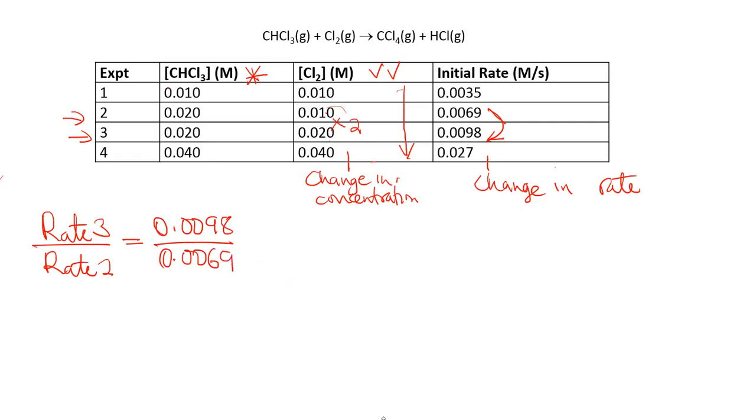So these are the two rates that we are dividing. But remember, we have rate is equal to K [CHCl3]^1 [Cl2]^N.